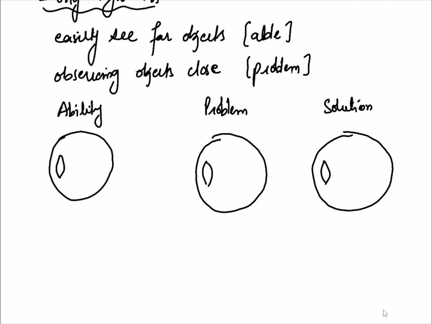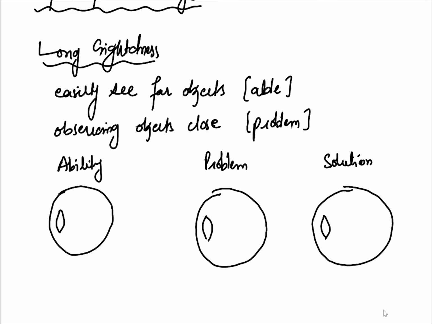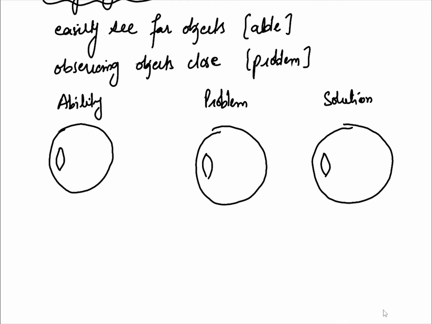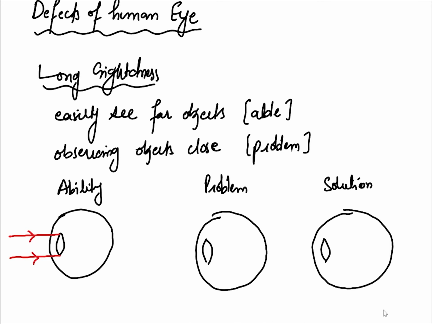So what they can do easily is that they can see objects that are far away from them. Objects that are actually far away provide light rays that are parallel to each other. Our assumption is that anything coming from an infinite distance, considering the size of the eyeball, generally produces parallel light rays.